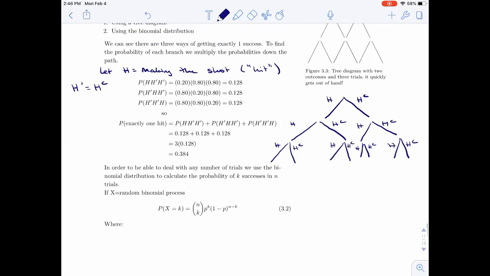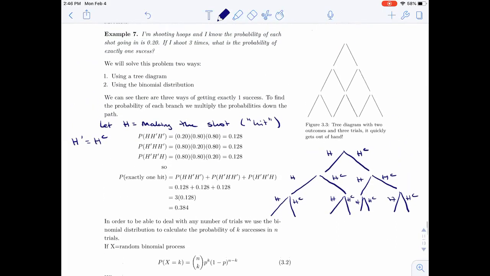But so the question here, if I shoot it 3 times, first shot, second shot, third shot, again, we have these consecutive events, day 1, day 2 that you were dealing with, midterm, final, these consecutive events. So what's the probability of exactly 1 success?